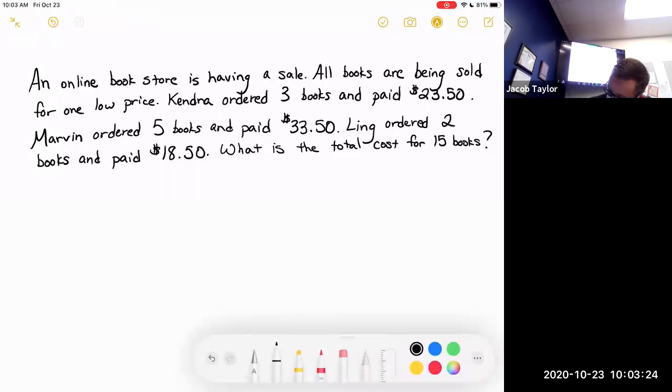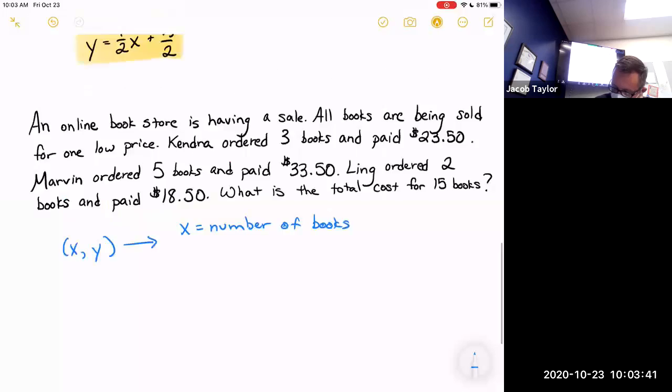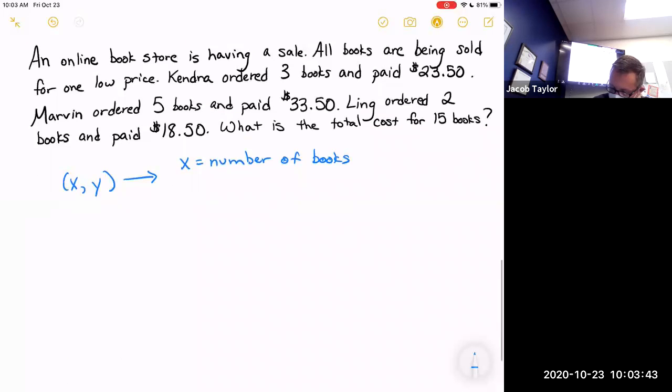For example, if I make XY coordinates, just like I did before, and I say X is going to be the number of books, and Y is going to be the total cost, I could write a coordinate for each one of these 3 people.